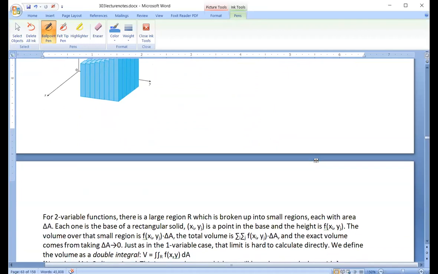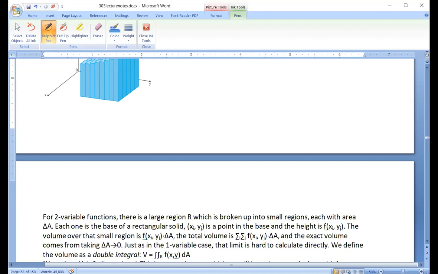Okay, so how do we turn that into a formula? We're going to call the little piece of the region in the domain a little bit of area, delta A, like a little change in area.